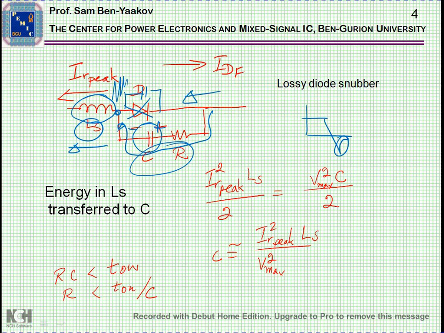Notice that this direction means that there is a reverse voltage on the diode. This is extra to the outside reverse voltage, so that we have now a diode which has an extra reverse voltage stress. So one has to be very careful not to generate too high voltages from this capacitor.